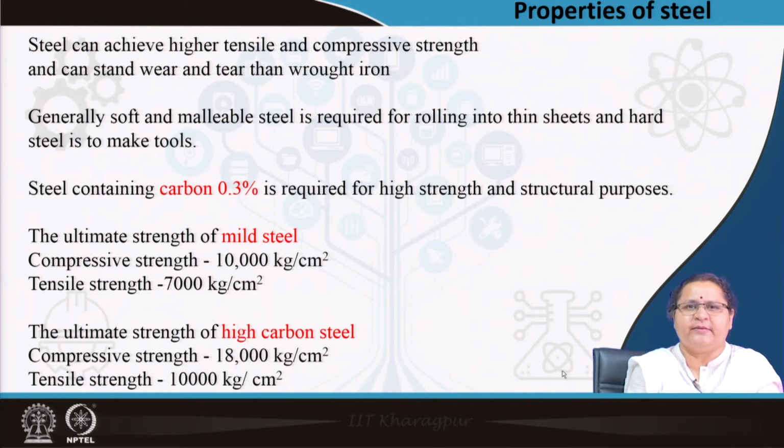It is soft and malleable, can be rolled into thin sheets, and hard steel can be used for making tools. If you remember, in the previous lecture we had given a diagram where various types of steel were in between cast iron and wrought iron. So, steel with more carbon content will resemble cast iron, which will be useful for making tools.